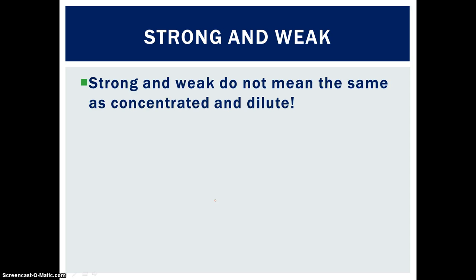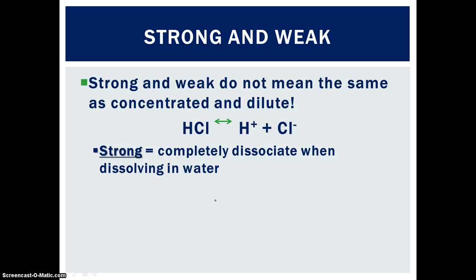The idea of strong and weak tells you about the ratios of that. Strong and weak do not mean the same as concentrated and dilute. So you can have a dilute strong acid and you can have a concentrated weak acid. They're different ideas.